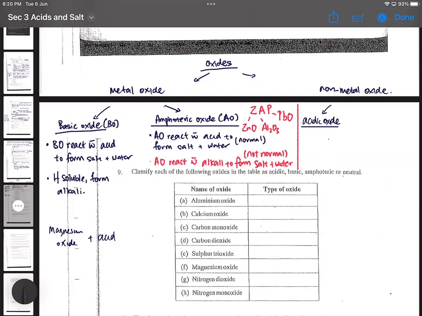This oxide, because they are acidic, Zikri, what do you think is expected to react with? Because it's acidic, it should react with? What say you? As an acid, it should react with?